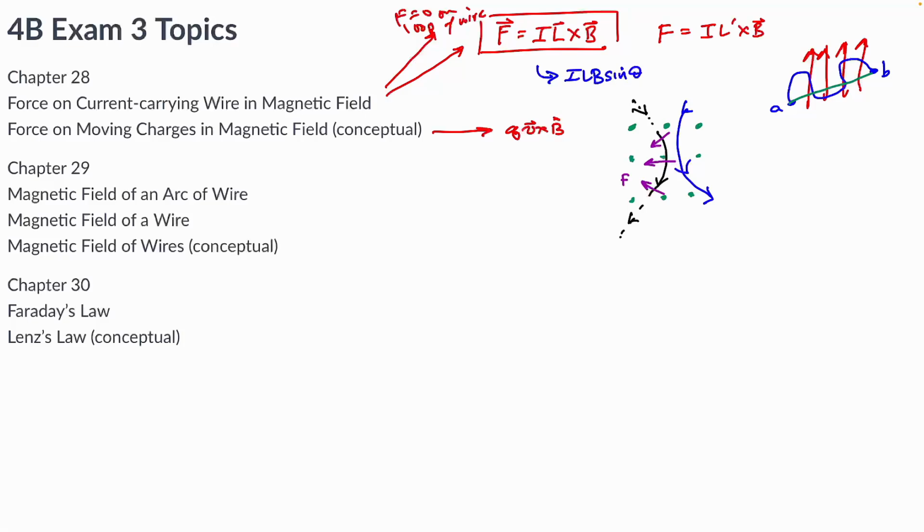Magnetic field for an arc of wire is mu naught I all over 4 pi, I used big R for some reason, theta. Okay, couple of caveats here. Theta is the amount of angle of the arc, whatever it is, and it would be all the way around there.